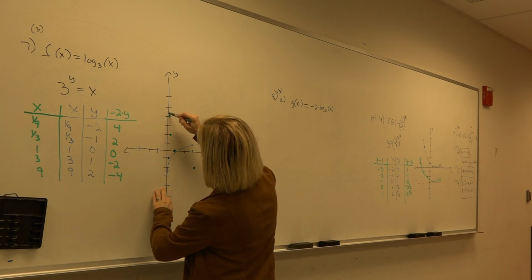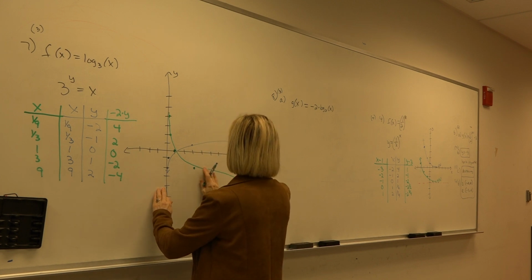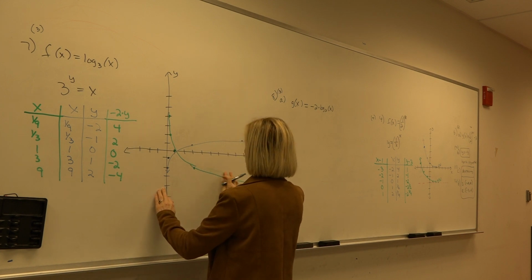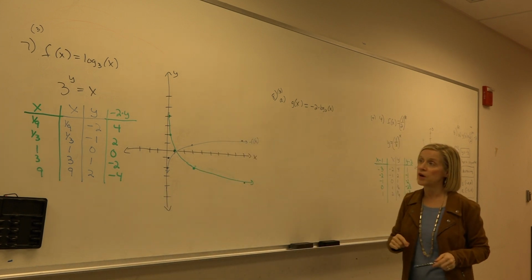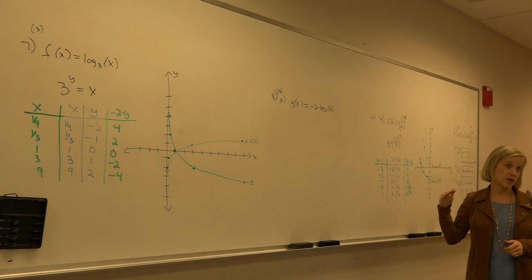On the same plane, so we can see what's happening here. There we go. So as we see, we've taken the original blue function, y equals log base 3 of x, and we've stretched it by a factor of 2 and reflected it across the x-axis.